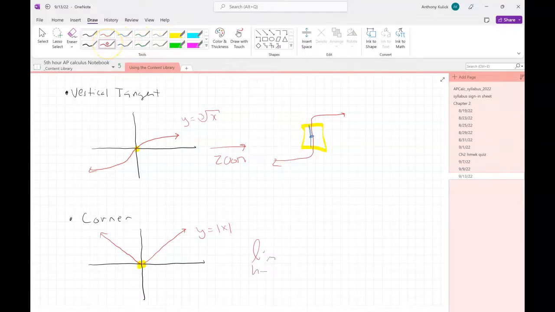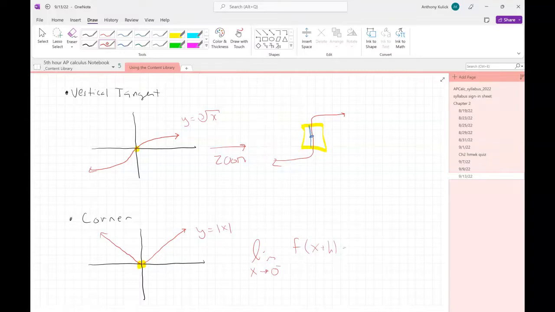Well, if I look at the limit, and we'll write it this way, as x approaches 0 from the left of... how do I want to say this?